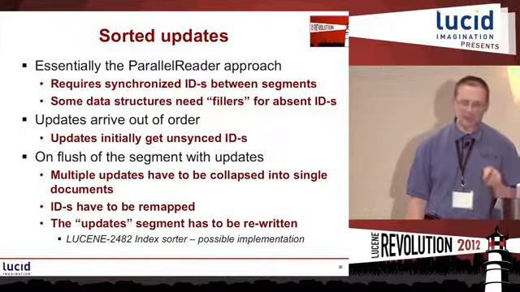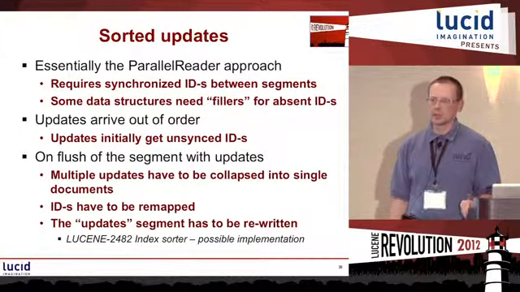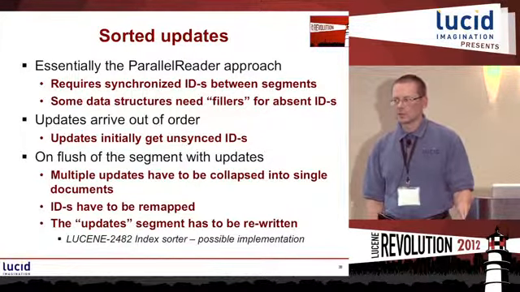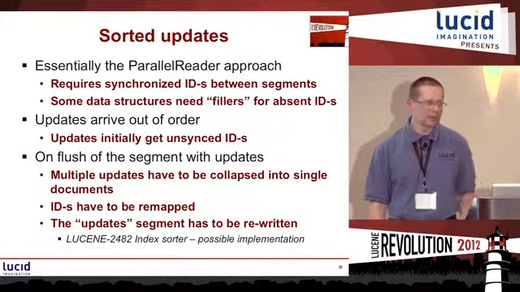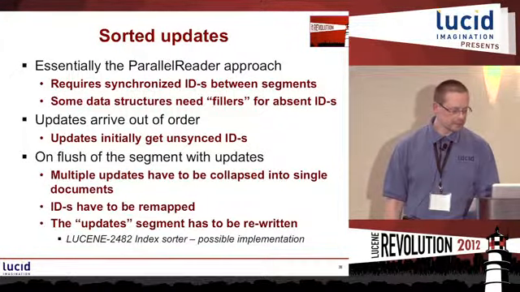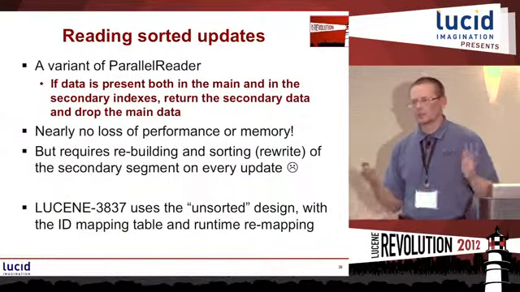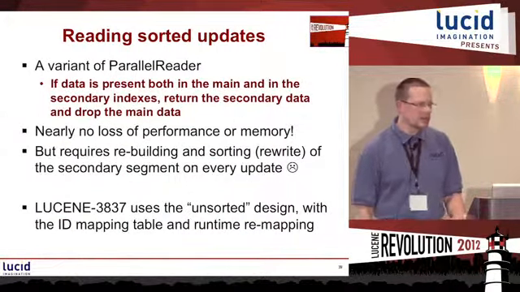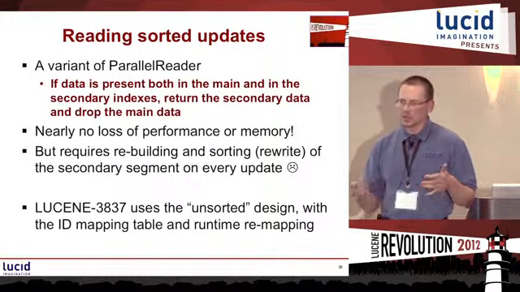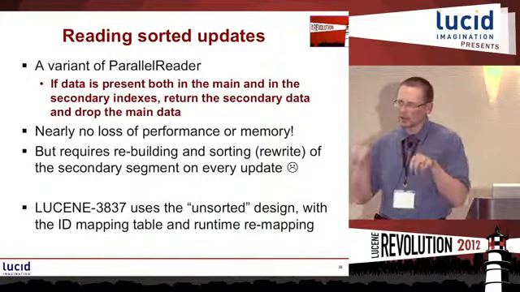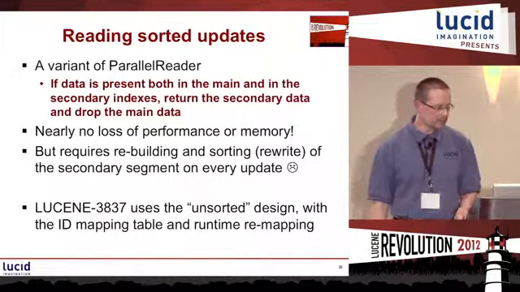I suspect that implementing this would be more costly than this runtime remapping. Reading these sorted updates is a variant of a parallel reader that simply returns the latest data instead of combining data from two readers.